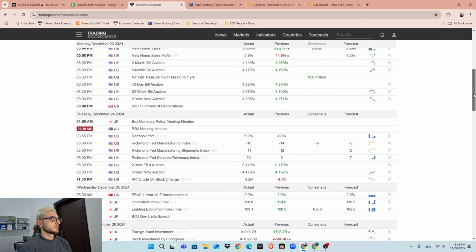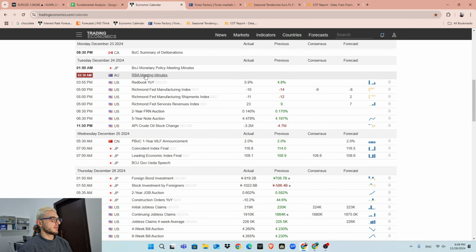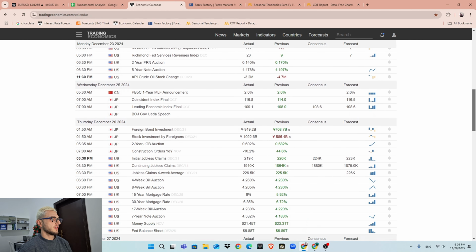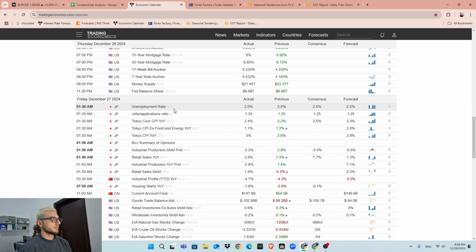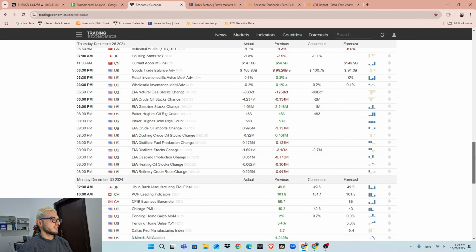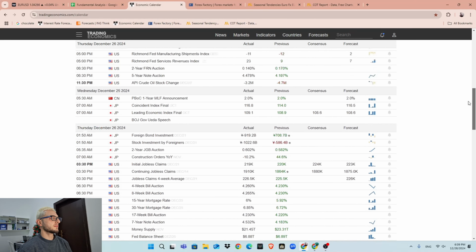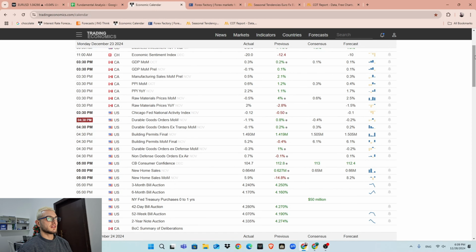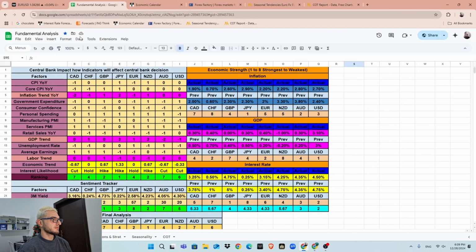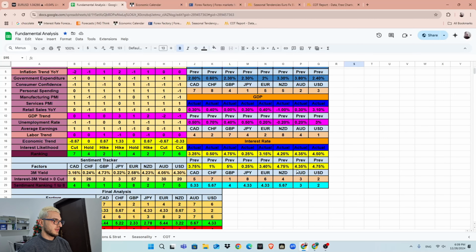We also got some meetings from the Reserve Bank of Australia and the Bank of Japan, and the unemployment rate for Japan. So some data changed the fundamental mathematical calculations in my Excel sheet.